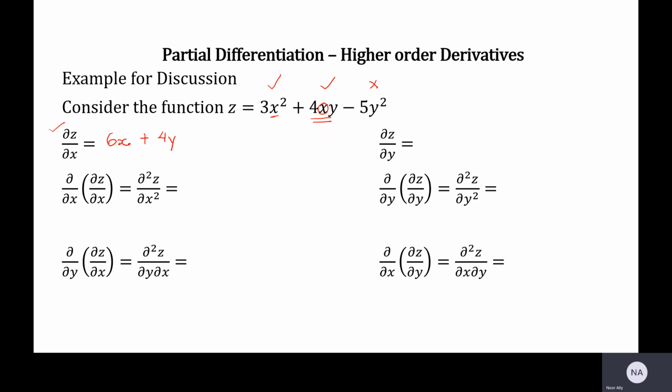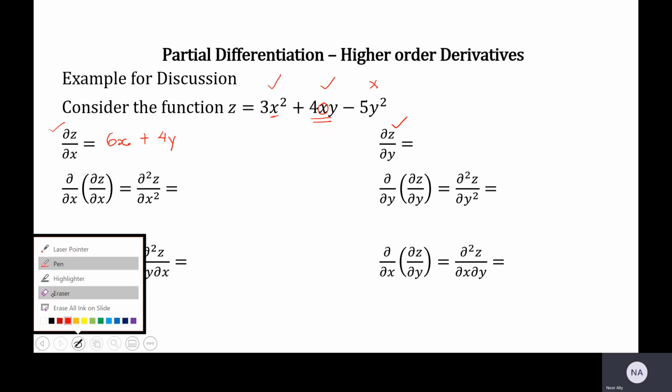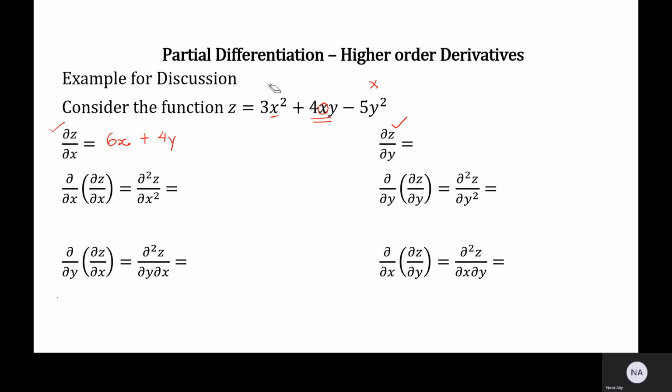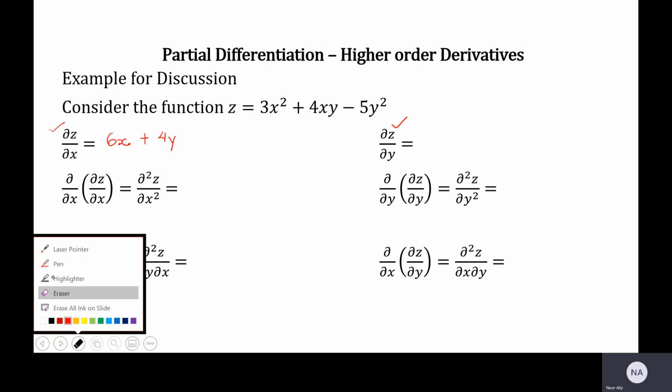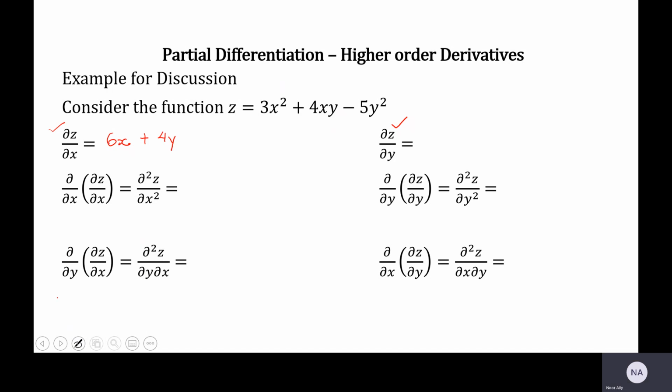Now let's look at the other case. In this case, we have partial dz with respect to y. So just to make sure that we are not going to repeat or make any mistake, let's erase that. Now I want to look at z, but differentiating partially with respect to y.